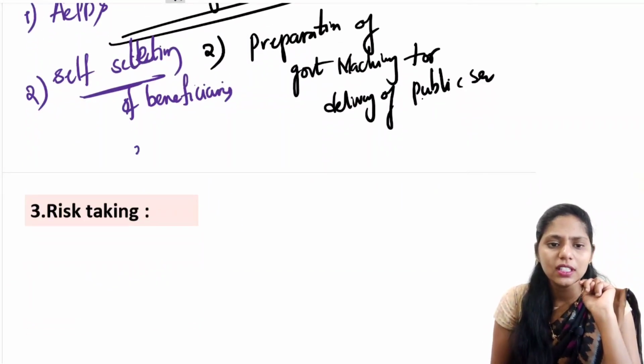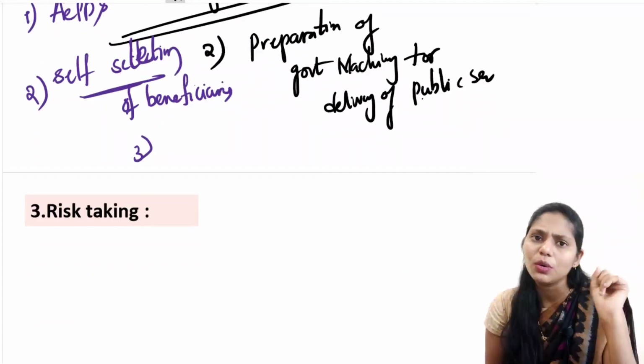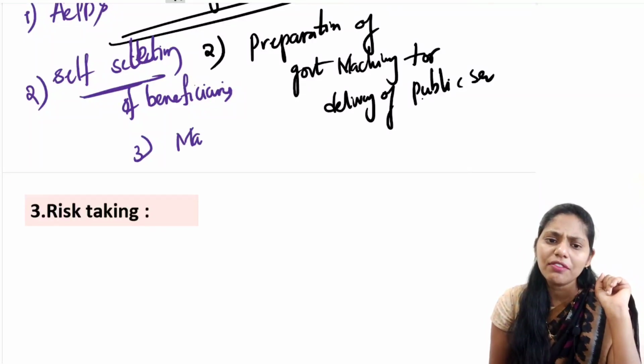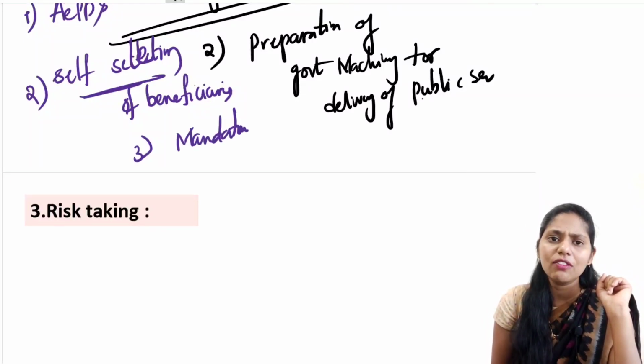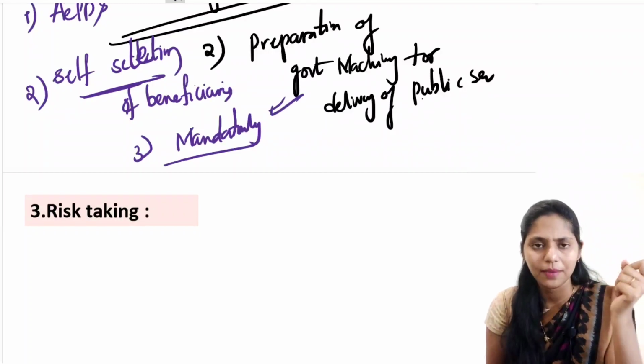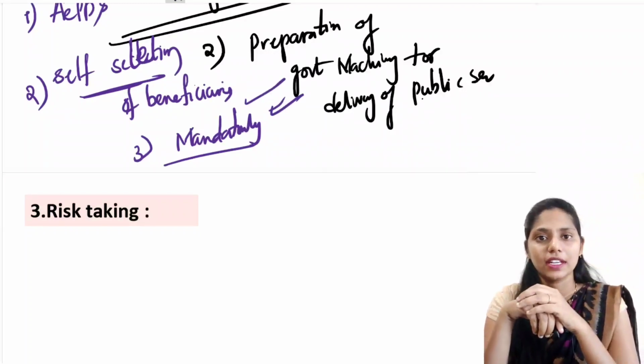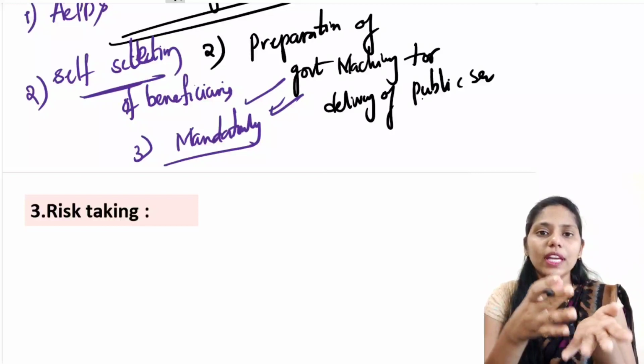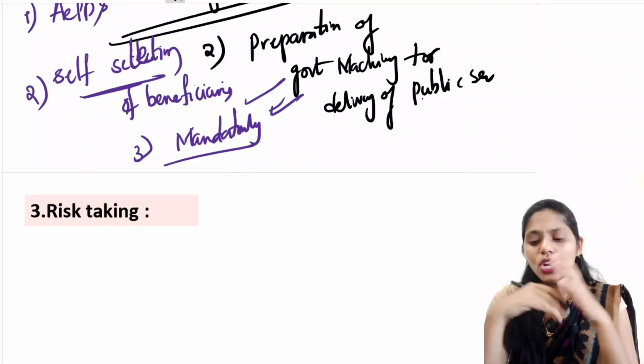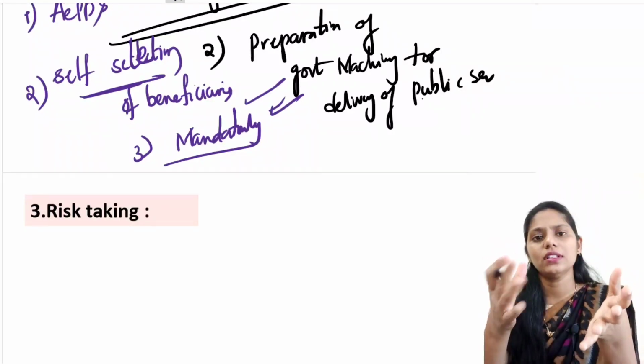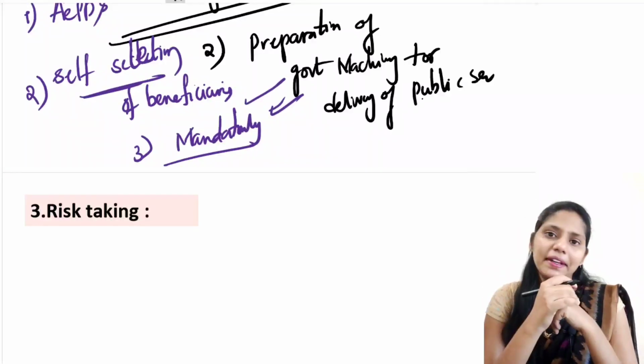And the next one is, for example, there are a few services that each and every person will mandatorily apply for, for example, the birth certificate. Each and every parent will apply for the birth certificate. Such mandatory services should be made automated.